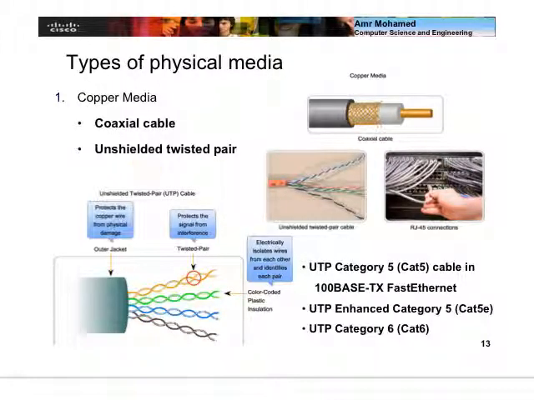The UTP cables, or unshielded twisted pair, and we will talk about why it's called unshielded, because there is shielded twisted pair. These are some examples of the unshielded twisted pair. There is UTP Cat5, UTP Cat5e, and UTP Cat6. For example, this one is used for 100BASE-T, or Ethernet with a bandwidth of 100 megabits per second.